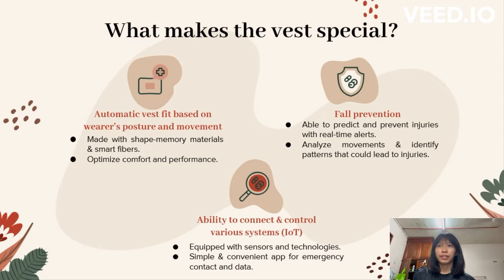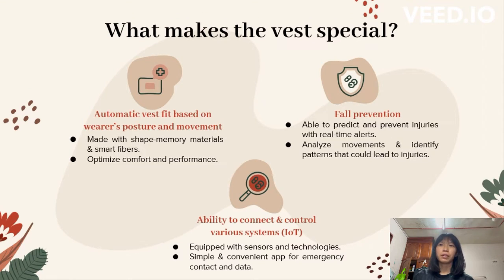Next is fall prevention. Airbag fall protection system is one of the futuristic features for the vest. The system will be triggered before impact. For some situations, the system will activate and the airbag will work to protect the wearer from hurt. The protection area of the airbag includes hip, head, and back protection.